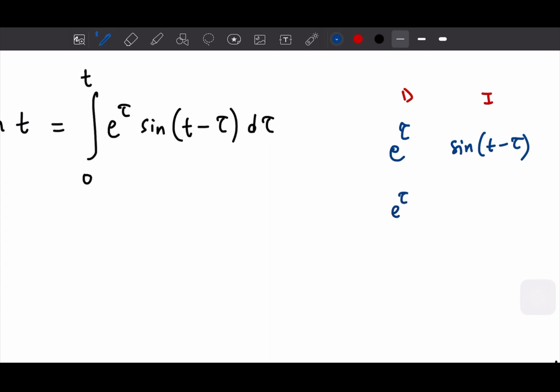Sine is becoming negative cosine, but with the negative, it's cosine.